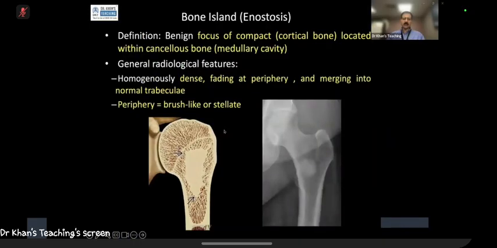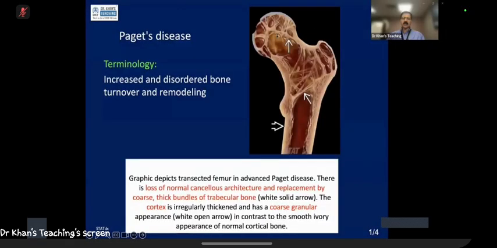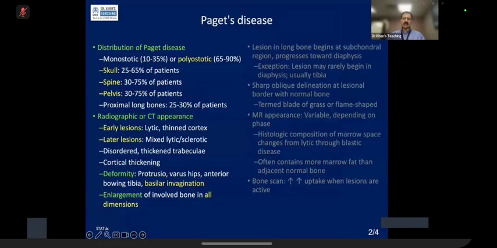Look at the trabeculae, right? And look here, how thick they are. There is loss of cancellous architecture, replaced by coarse, thick bundles of trabeculae. So this is what it is about. And then the cortex itself will also be coarse and granular. So these are the key findings of Paget's disease.